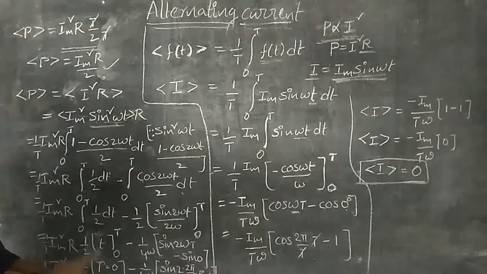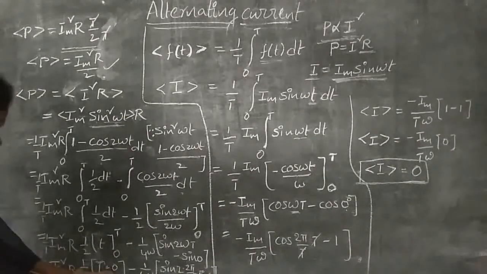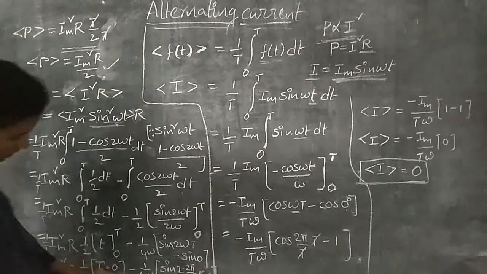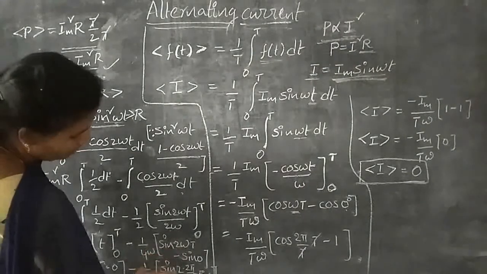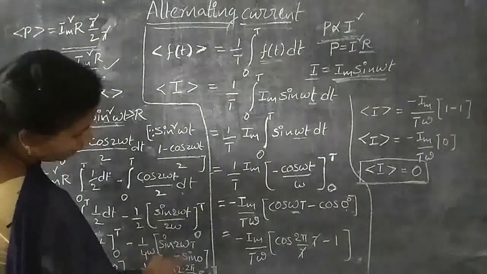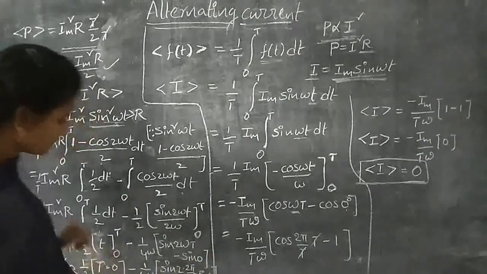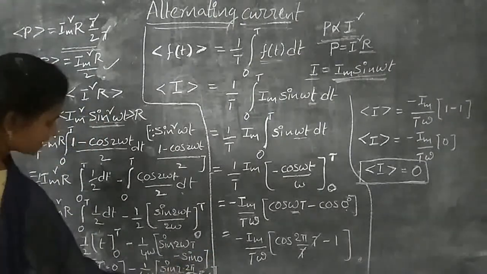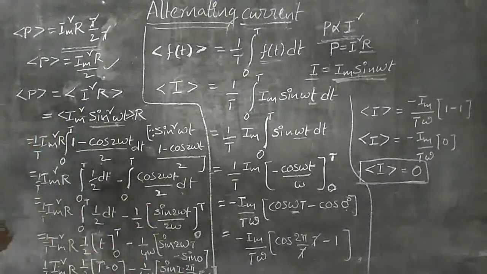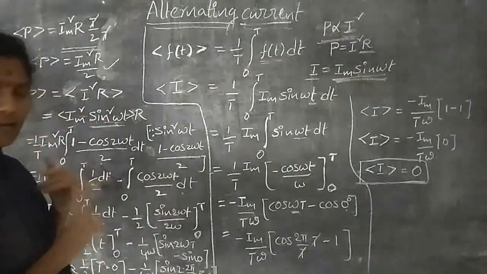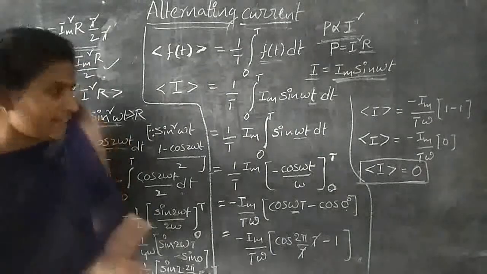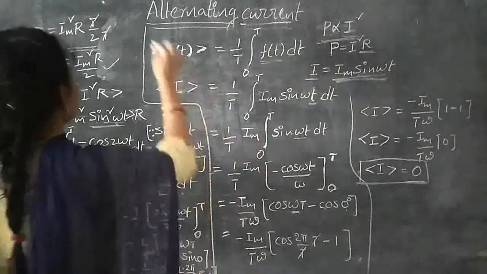1 by 2. In place of t, we first substitute capital T. After that 0: T minus 0, minus 1 by 4 omega sin of 2 into 2 pi by T into T, minus sin 0 which is nothing but 0. The T gets cancelled, sin 4 pi. So here 180. Sin 180. See once from the graph.